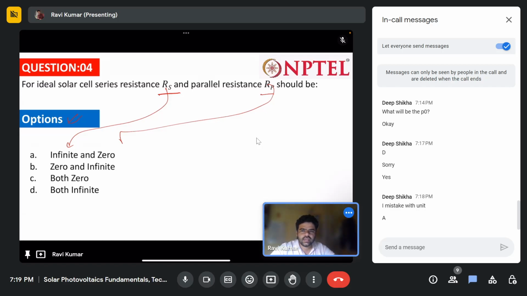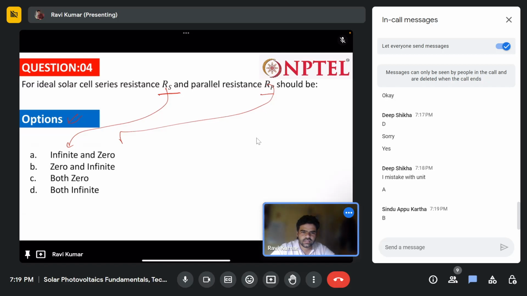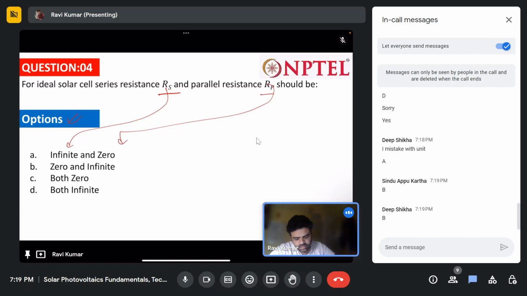A, RS should be infinite. Yes. B, RS should be 0 and RSH should be infinite. Yes, Sindhu and Deepsika, you both are right. It's B, 0 and infinite. B is the right answer.